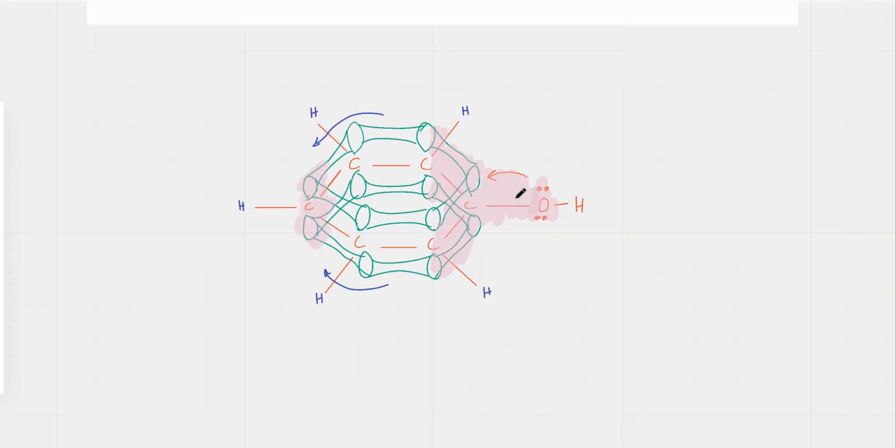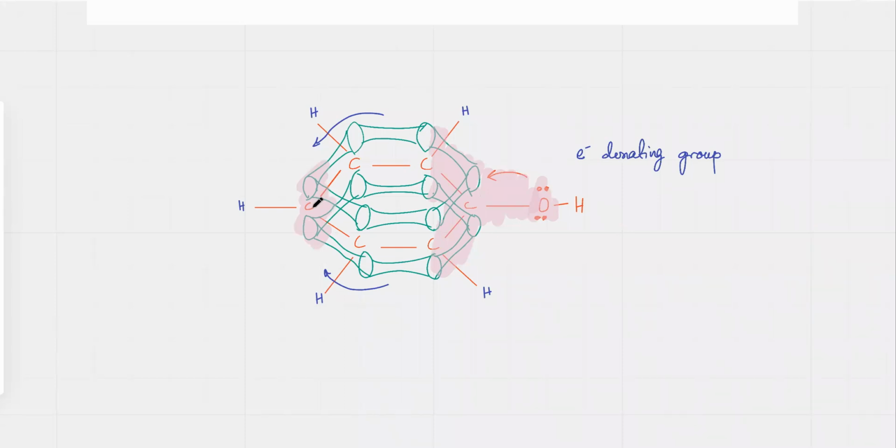So the OH group is an electron donating group. It pushes electron density onto the benzene electron cloud. The negative charge over here increases, and the rest of the electrons get pushed away to the other side, and the negative charge on that side increases as well.